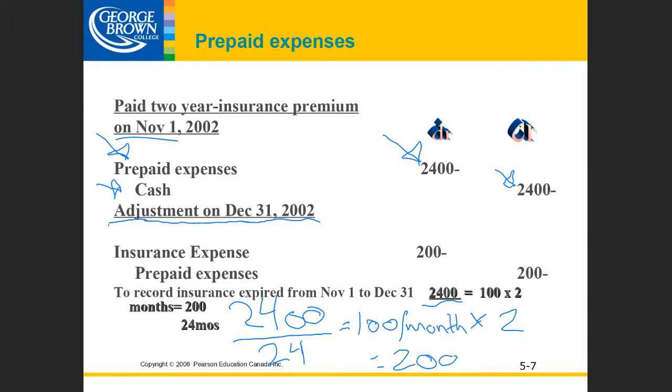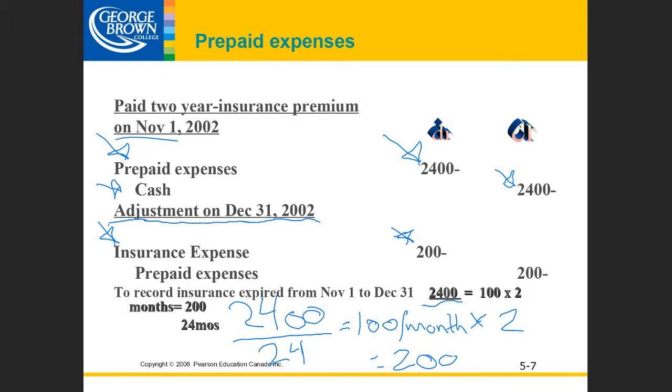So the adjusting entry here would be our insurance expense. We would be debiting it by $200, to Vanessa's point, to show that we've incurred $200 worth of insurance expense over the past 2 months.